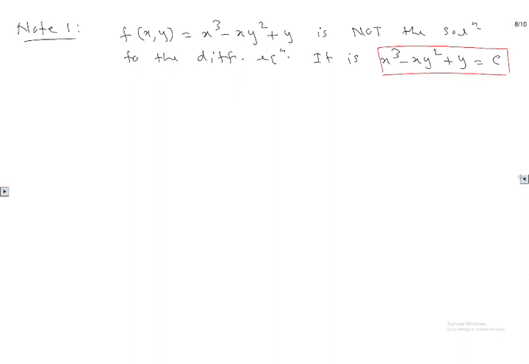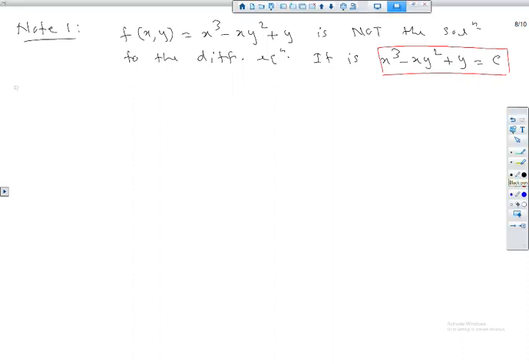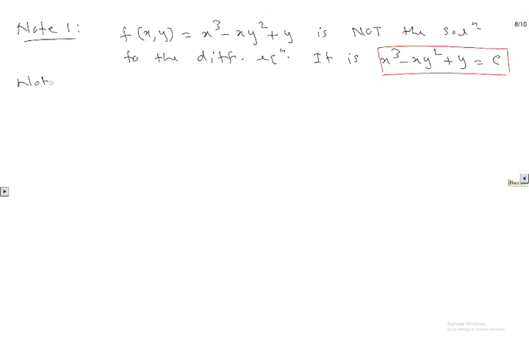Okay, so let's write the steps again, and then note 2. Let's say you pick ∂f/∂x equal M(x,y). If you pick this one, what are the steps?